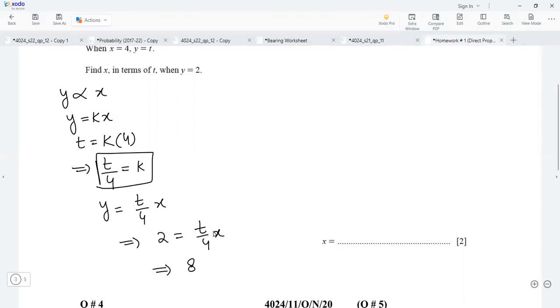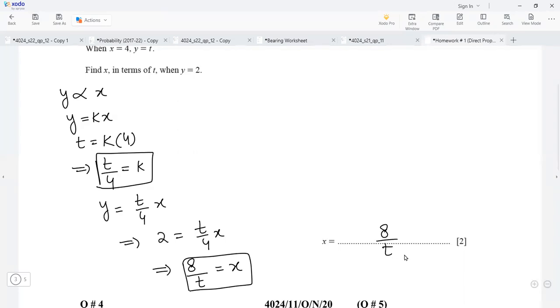If one term is multiplied on one side, it will be divided onto the other side. It becomes 8 divided by t, and that is equal to x. We have found the answer. Basically, this is the expression of x in terms of t. So 8 over t will be our final answer.